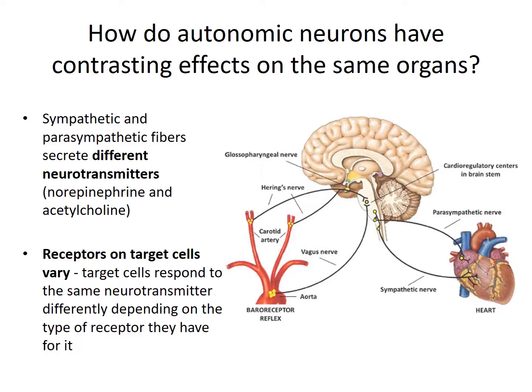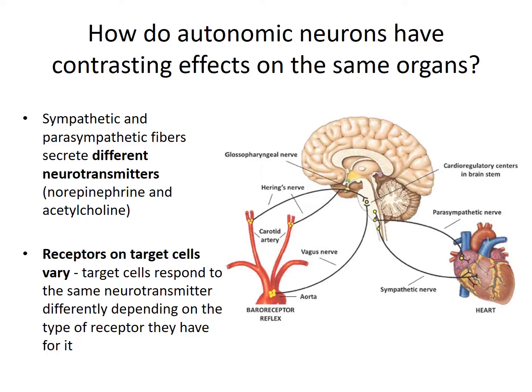So how can autonomic neurons have contrasting effects on the same organs? One of the reasons is because the sympathetic and the parasympathetic fibers secrete different transmitters. Sympathetic tends to secrete norepinephrine.